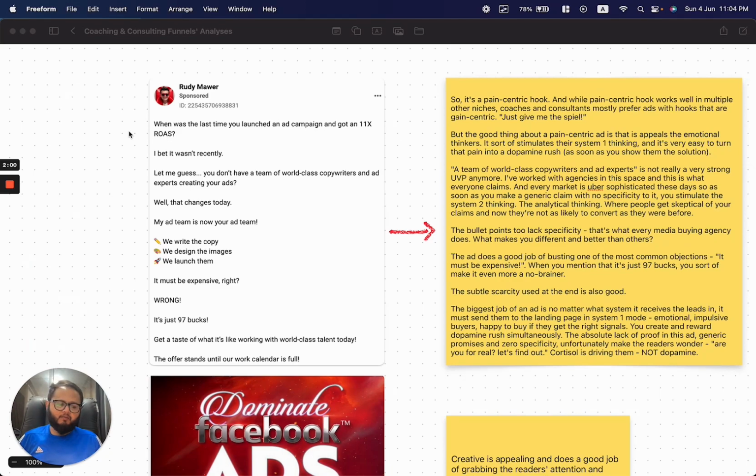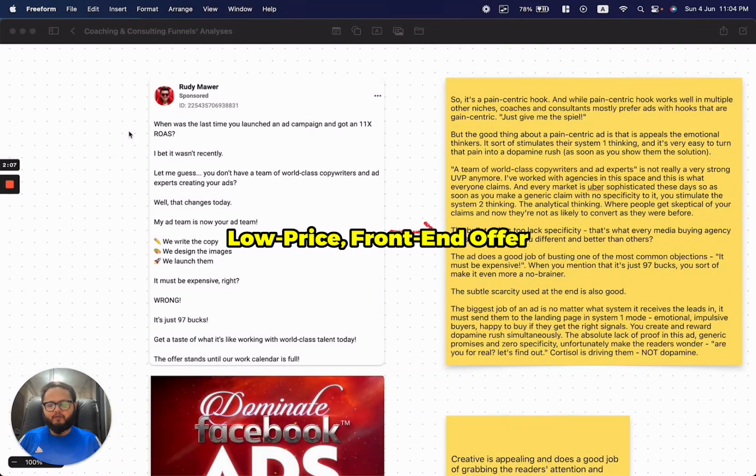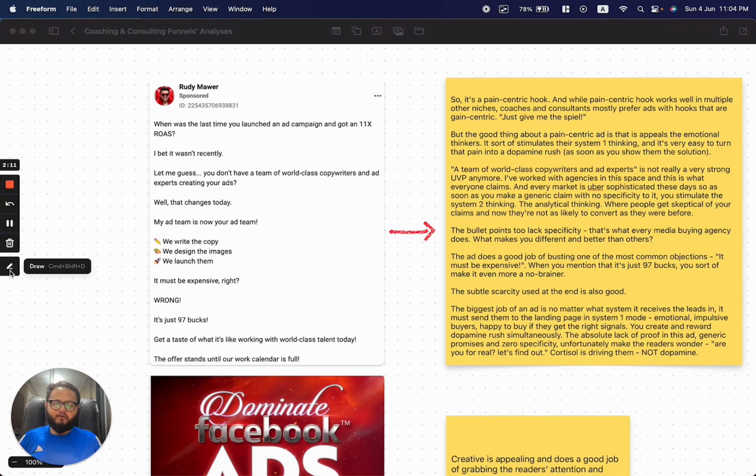So let's first talk about the funnel type. So this is a low price front end offer funnel. And basically, this type of funnel, for example, Alan Seltenick, he talks about this particular type of funnel that people call automatic clients funnel, because that's the name of his book.